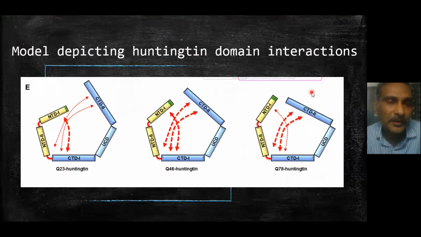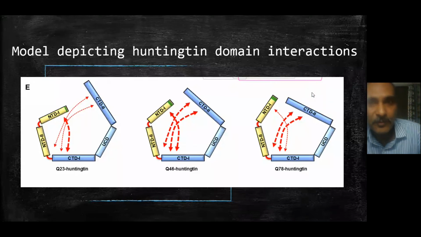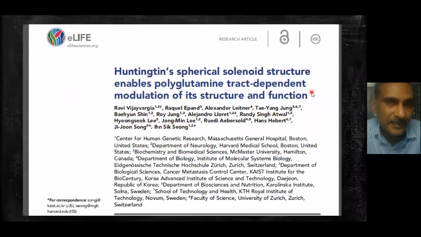Okay, so these were the first of its kind studies, because before our study there were no purified Huntington proteins available with any of the groups working on Huntington disease. So this report of ours was the first report to tell about the 2D and 3D structure of the Huntington protein, and we published this entire study in eLife in 2016, and I was the first author of this paper.